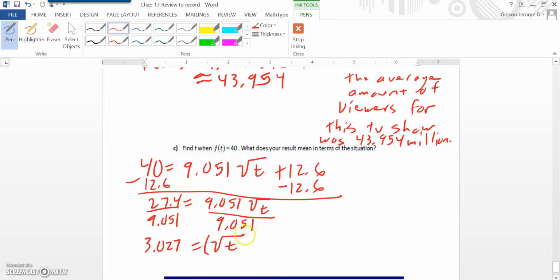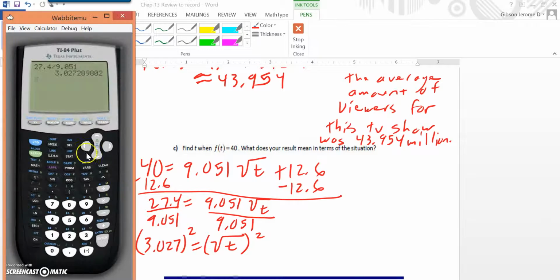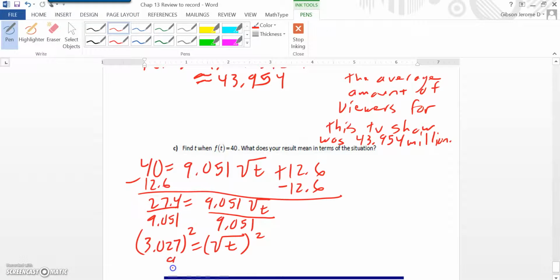And then we have to square both sides. So we would take 3.027 and square it, and that would give us 9.163. And that would equal t.